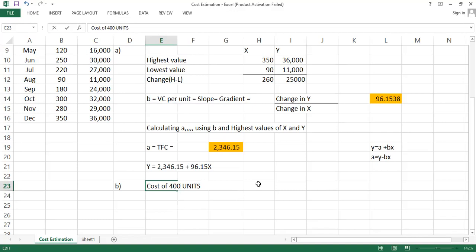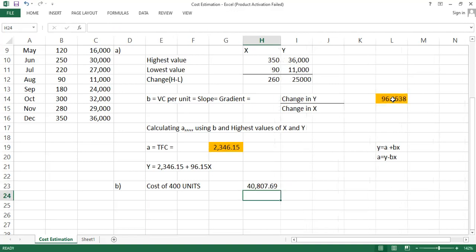So that will mean that the cost of 400,000 units equals what? It is 2346.15, plus 96.15. But then because the 96.15 is per unit, you multiply by the 400,000 units, so you multiply by 400.